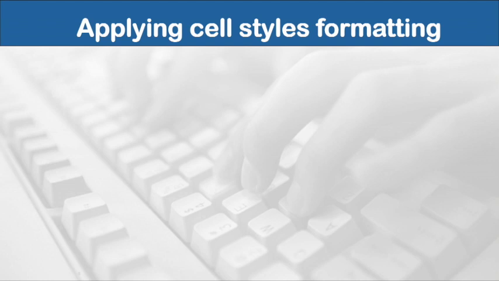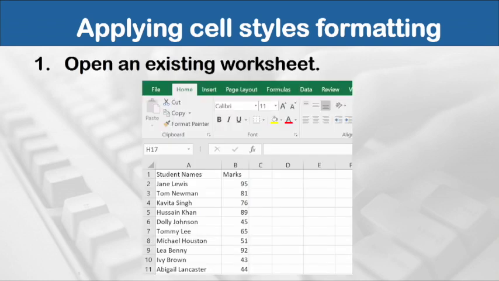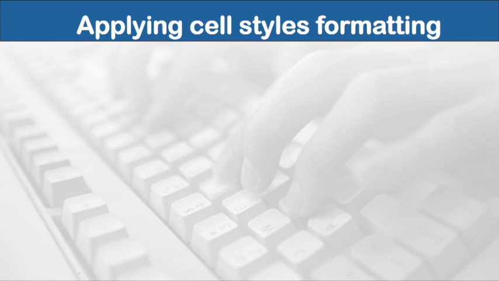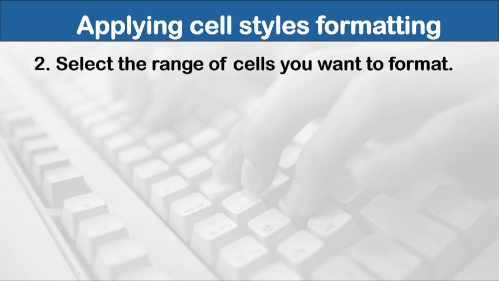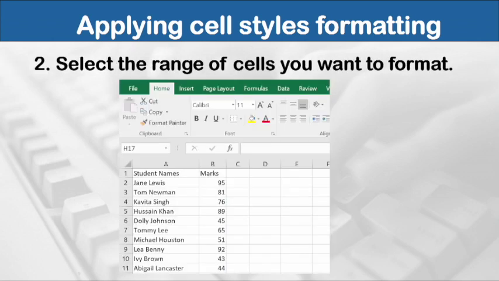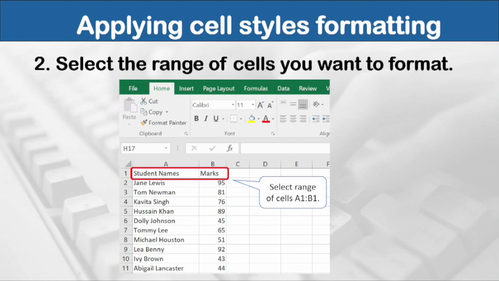Now students, to apply cell styles formatting, perform the following steps. First, open an existing worksheet. Then, select the range of cells you want to format. Here, we will select range of cells A1 to B1.